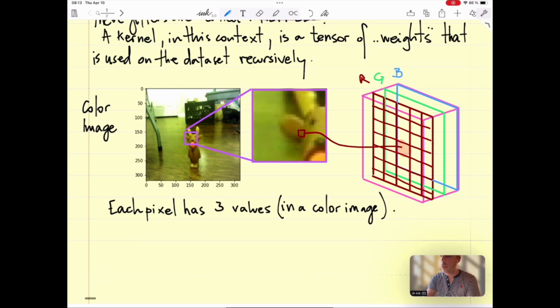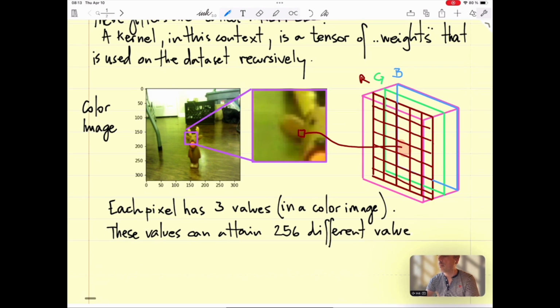These values can attain 256 different values.